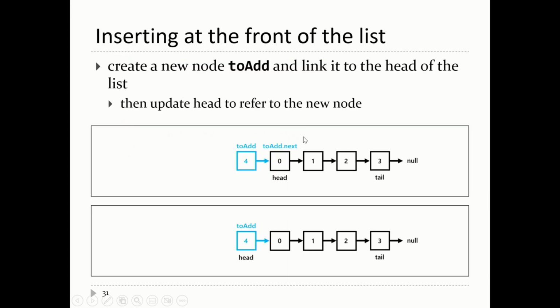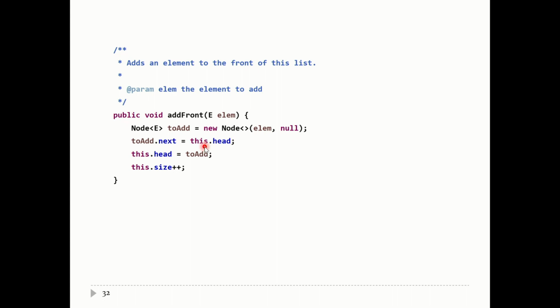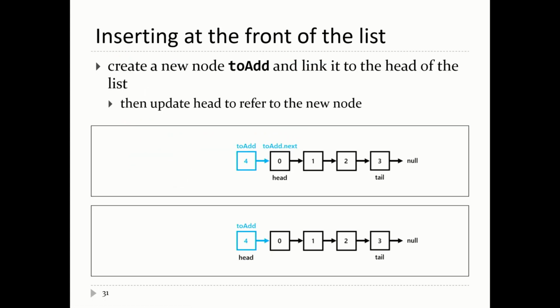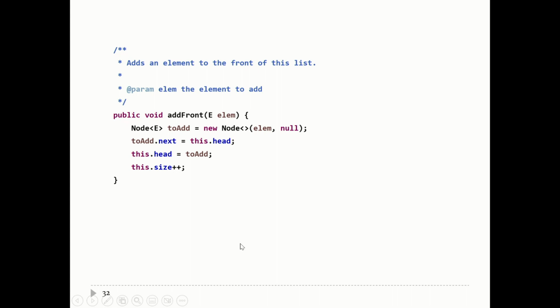So let's see. We make our node. We set its next reference to point to the head. So that's what we did right there. Then you update the head so that it points at the new node. So now the head points at this node here. So head.next is already set. But there's a special case missing.